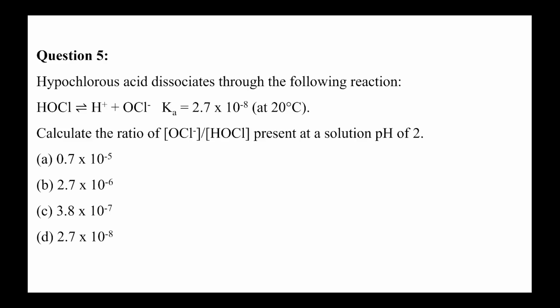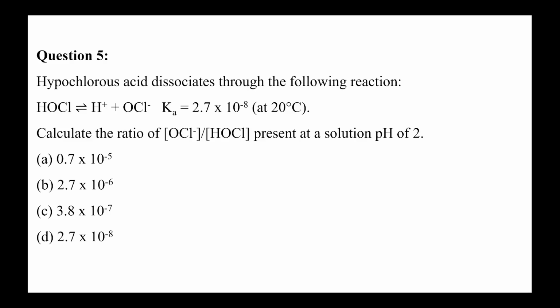Calculate the ratio of OCl minus concentration to HOCl concentration present at a solution pH of 2. This is actually very easy to solve if you have solved the questions from the first week session. First and second week sessions had questions like this.